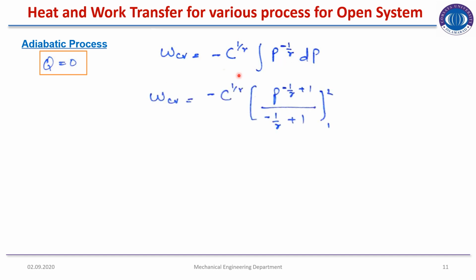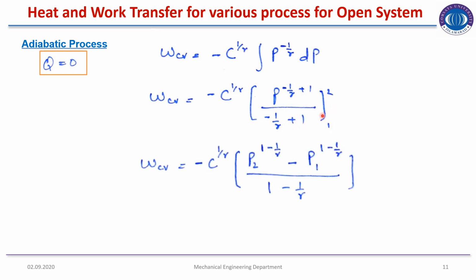In the next step, we have integrated the term in terms of P, using the power formula for integration: 1 is added to the power and the complete term is divided by the new power. So minus C power 1 over gamma into P power minus 1 over gamma plus 1, divided by minus 1 over gamma plus 1. 1 and 2 are the limits of integration.